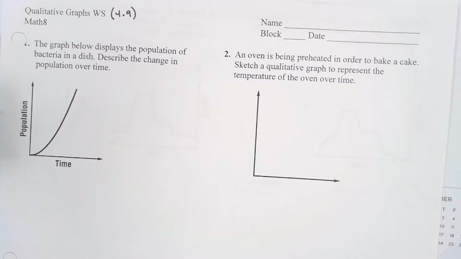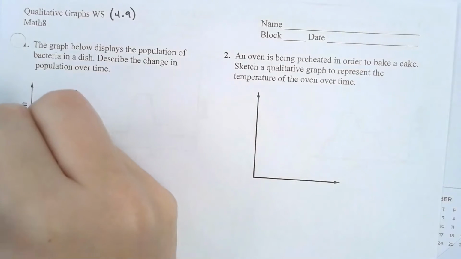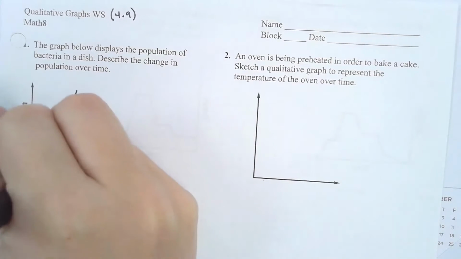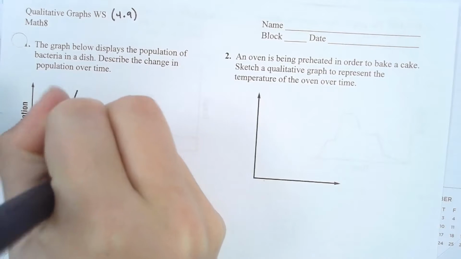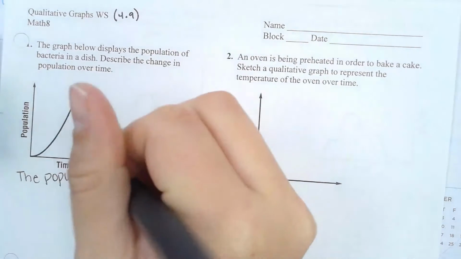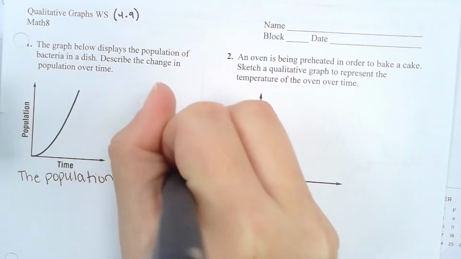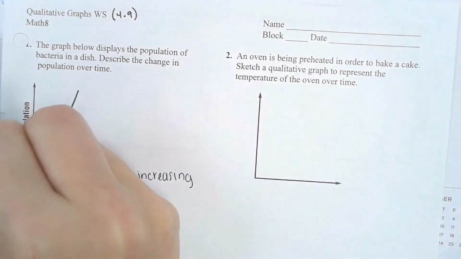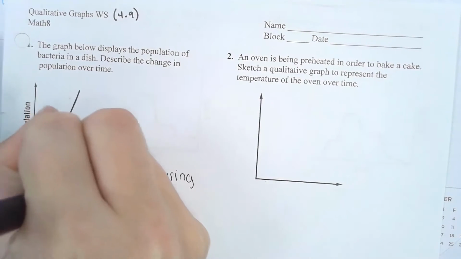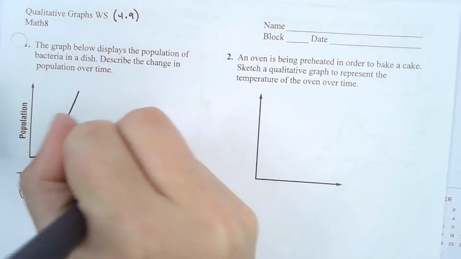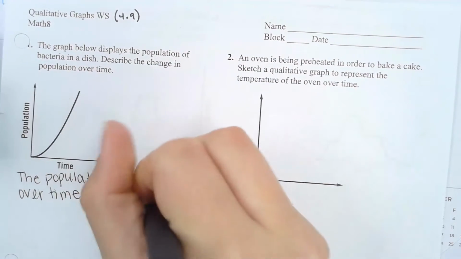So something that I can write about this is the population is increasing over time, but not at a constant rate.